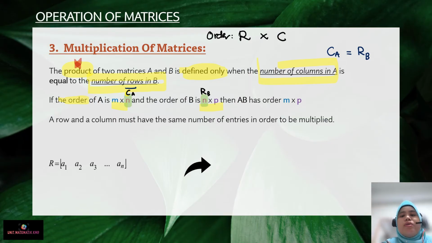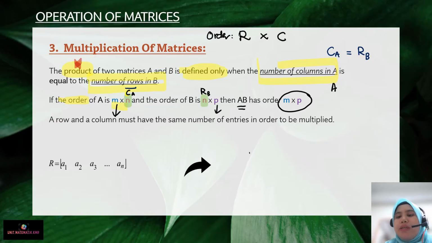So the final product AB has the order of the rest, m and p. Here I give you an example.